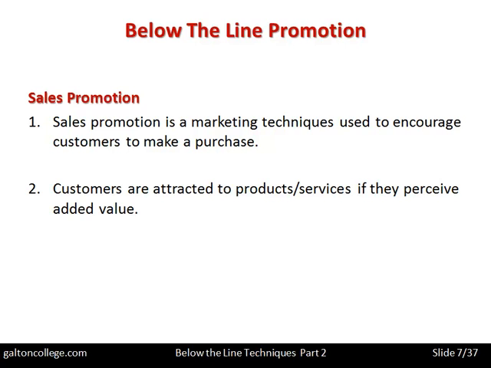Customers are attracted to products or services if they perceive added value. So customers like to think that they're getting a bargain, something that's very useful, at a price which is acceptable to them. In fact, some economists have mulled over this question for a long time, and it's widely accepted amongst many economists now that exchange does not take place at equilibrium.